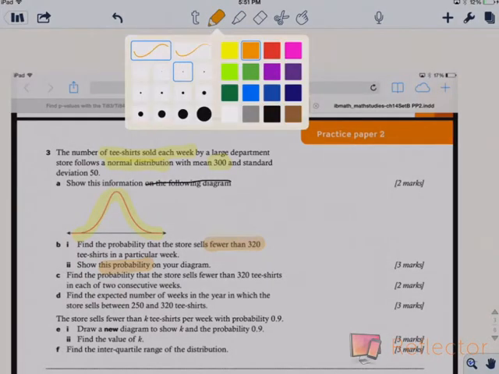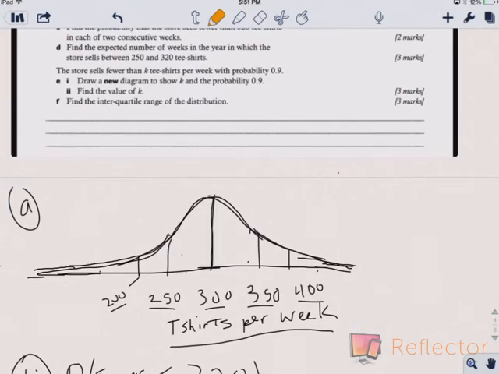If we go back to our diagram here, it asks us to find the probability that fewer than 320 were sold, and so that 320 would be about there. And you want to label that.